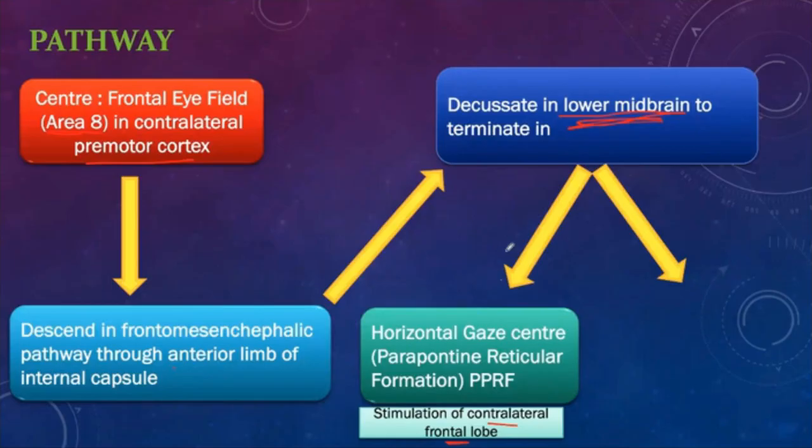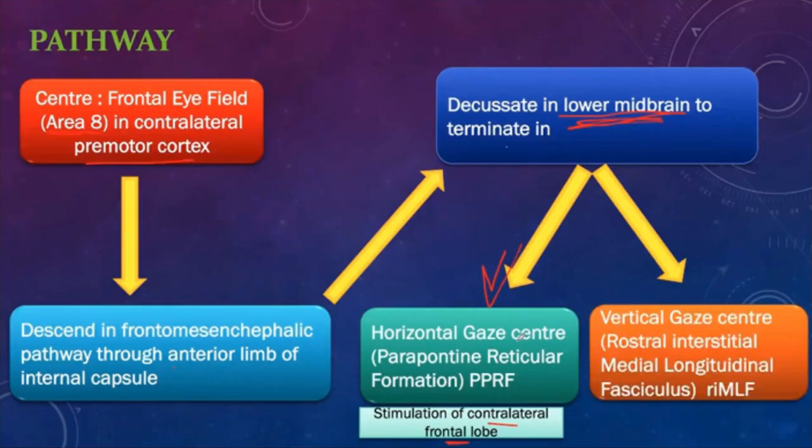So what do you expect when one of the final destinations of this pathway is to stimulate the horizontal gaze center? I guess you think now that the other pathway is to stimulate the vertical gaze center. The vertical gaze center is called the rostral interstitial medial longitudinal fasciculus, or sometimes the interstitial nucleus of Cajal.